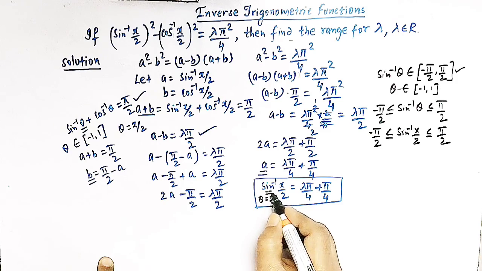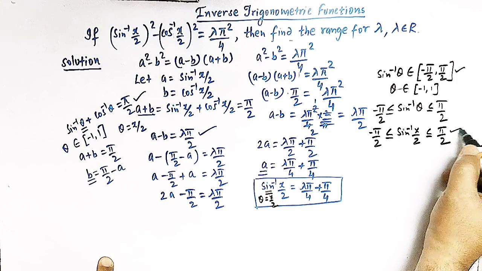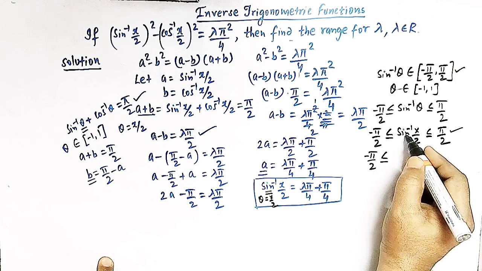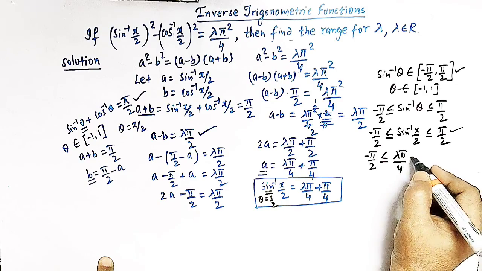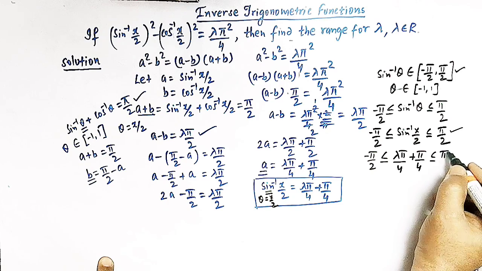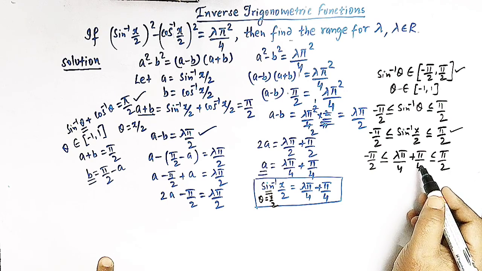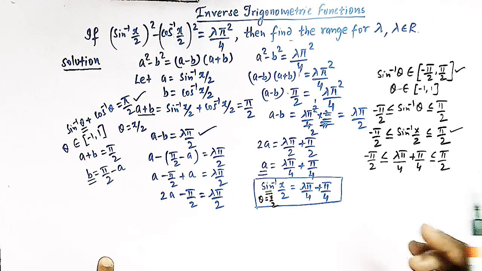Now let us substitute the value of sine inverse x over 2 in this inequality. So we have minus pi over 2, and here we have lambda pi over 4 plus pi over 4, and here we have pi over 2, right? So now let us subtract pi over 4 throughout this inequality.